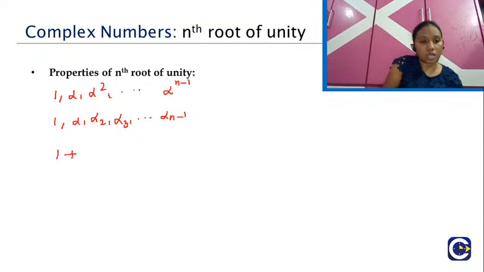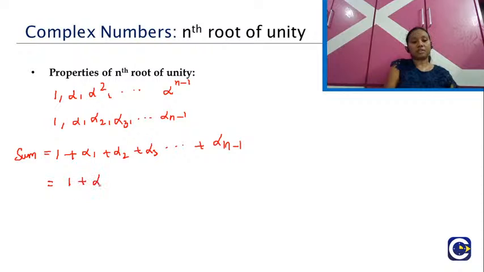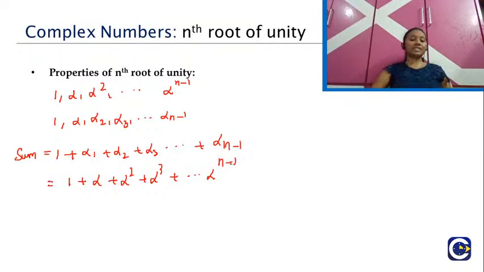That means 1 plus alpha 1 plus alpha 2 plus alpha 3 until alpha n minus 1. These are nothing but 1 plus alpha plus alpha square plus alpha cube until alpha power n minus 1. If you observe, it's in geometric progression.